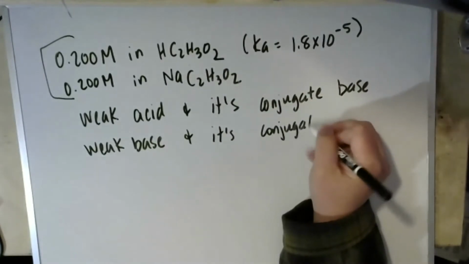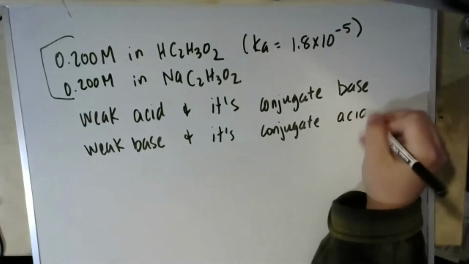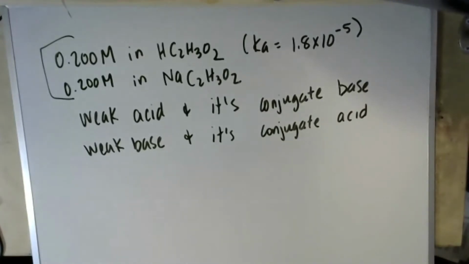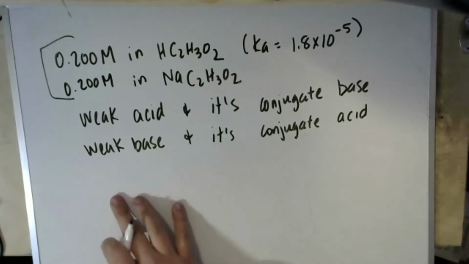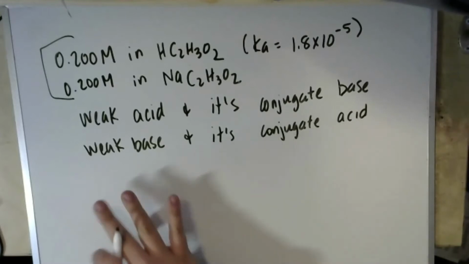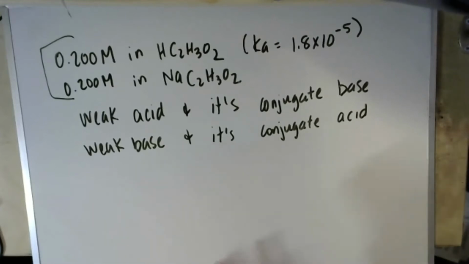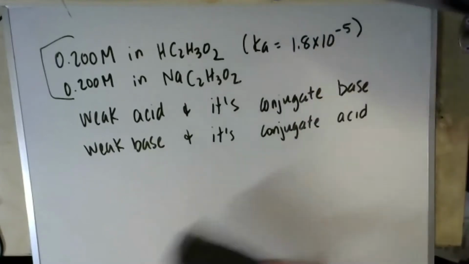These are the requirements for you to make up a buffer solution. You're not going to have a buffer solution that's made up of like a strong acid and a strong base. You need a weak acid and its conjugate, or a weak base and its conjugate. That's what's going to make up your buffer solution.